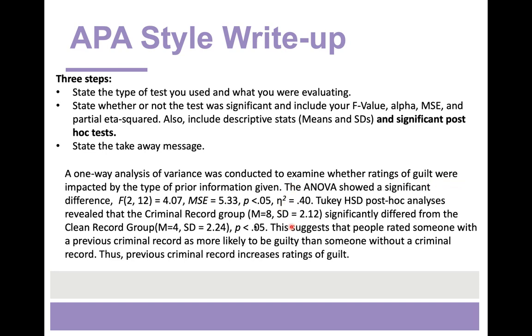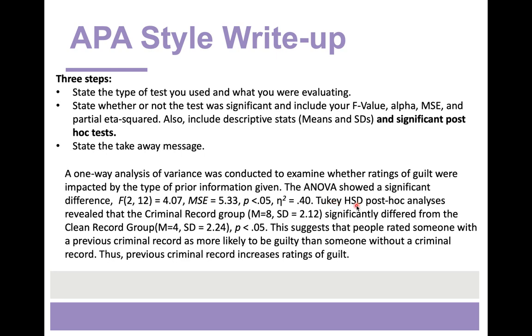So we gave our statistical information to show that the ANOVA told us that there is a significant difference somewhere. Then we follow that up with our post hoc tests.